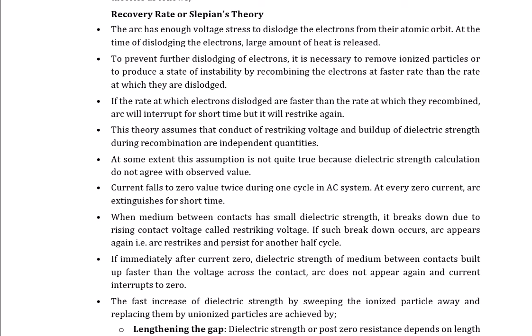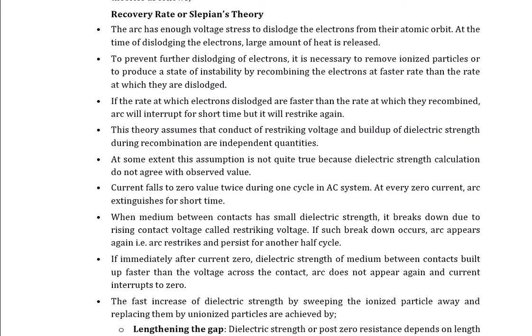To prevent further dislodging of electrons, it is necessary to remove the ionized particles or to produce a state of instability by recombining the electrons at a faster rate than the rate at which they are dislodged. So we have to make a system that recombines these electrons at a faster rate than the rate at which they are dislodged from their orbits.